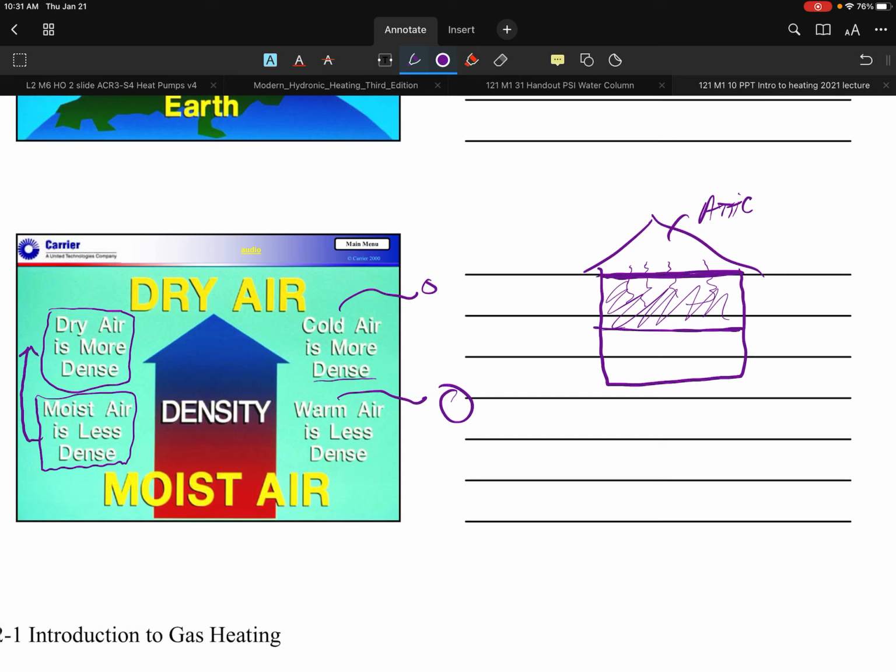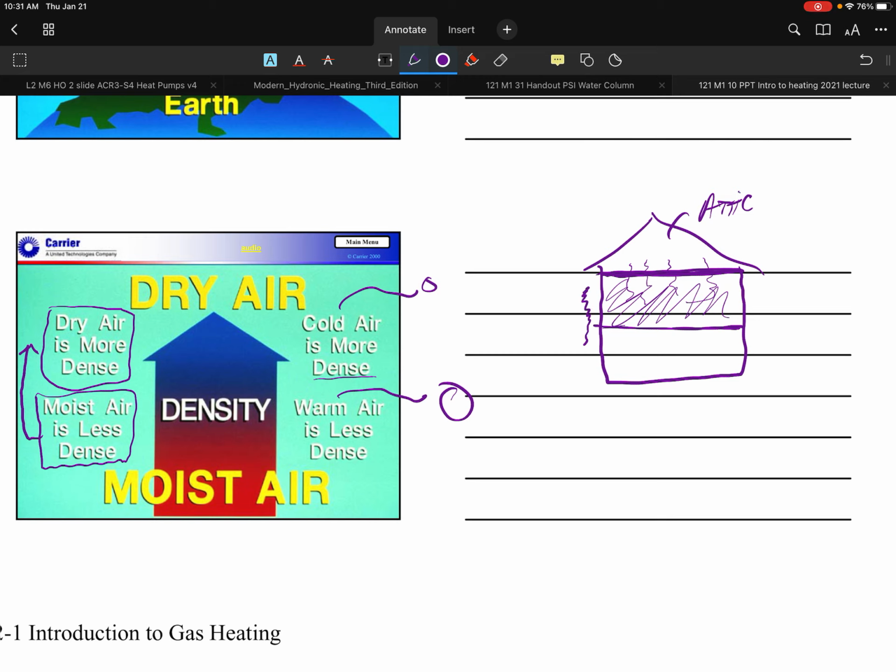If we add humidity into a system, do we need to be careful about not putting too much humidity in that space, or are we going to create some issues? Even though we're dealing with very small differences in pressure, the more moisture you add, that moisture will typically rise because of its lower density. So moisture typically rises and dry air typically falls, as a general rule.